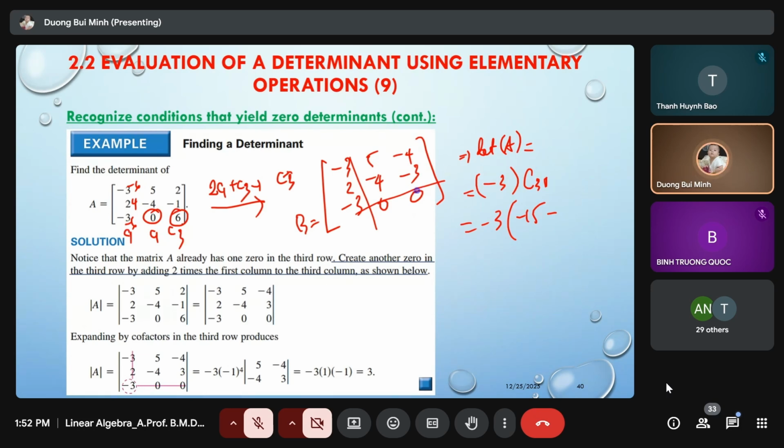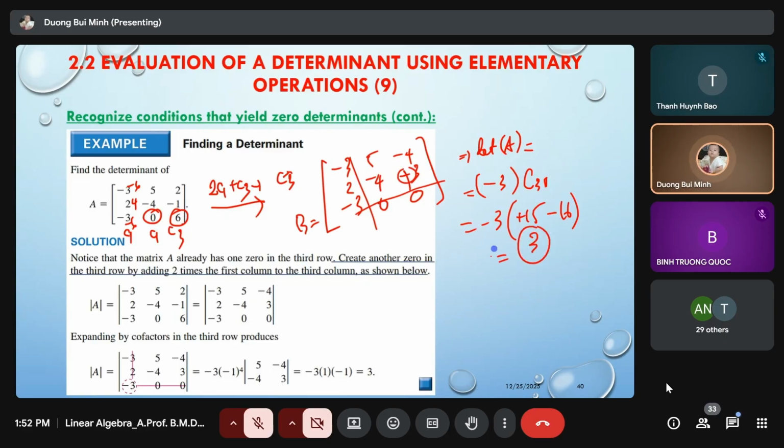Is that correct? Oh, this is 4, this is 3, right? 4 minus 1 is 3. You get 15s minus 16s. Sorry, my mistake.